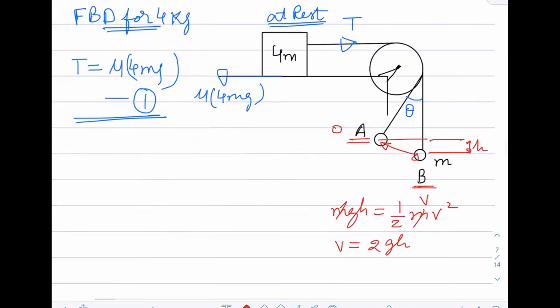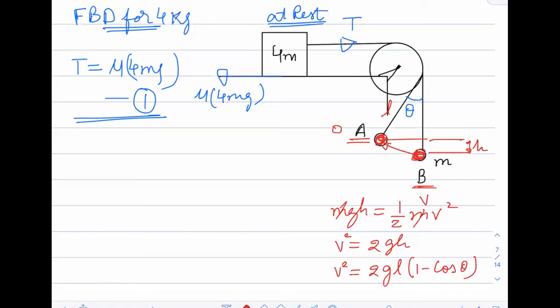Now I have to calculate this height. If this string is of length L, we know that v square I can write as 2gL into 1 minus cos of theta. Now this mass m is doing angular SHM, so I can assume this to be approximately circular motion.